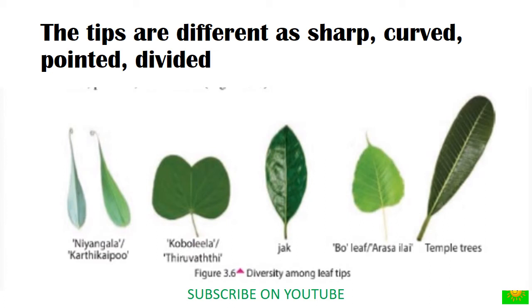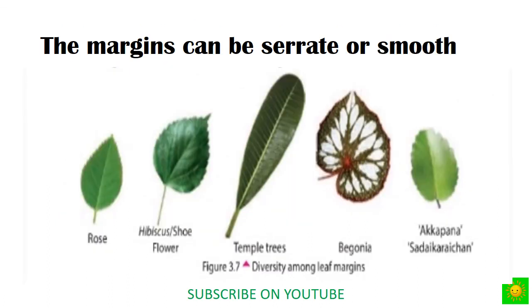Can you study the following diagrams and identify further the diversity of leaves? If you observe the tips of those leaves, you will notice that the tips are very different: sharp, curved, pointed and divided. Can you see? Niagala, this is curved. Kohila, jack, bow is pointed. Temple trees. The margins can be serrate or smooth.